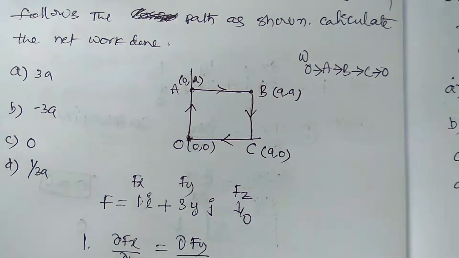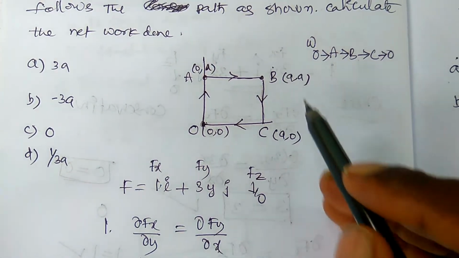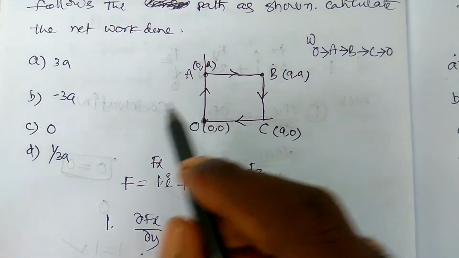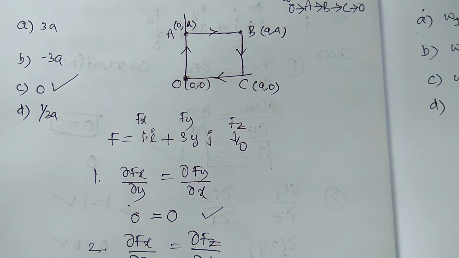So here this is also a closed path, hence the work done by the conservative force in a closed path is always 0. The answer is option C.